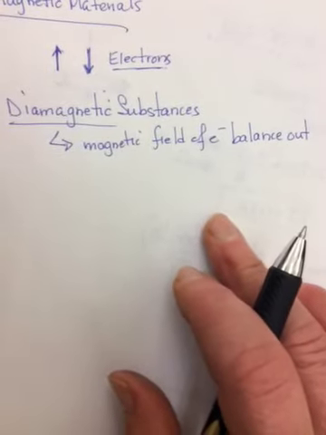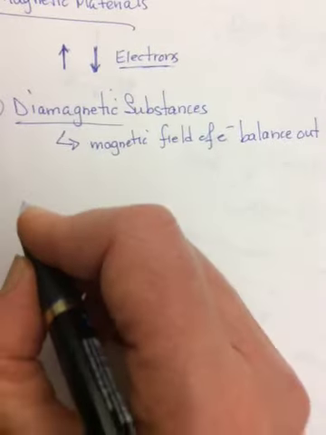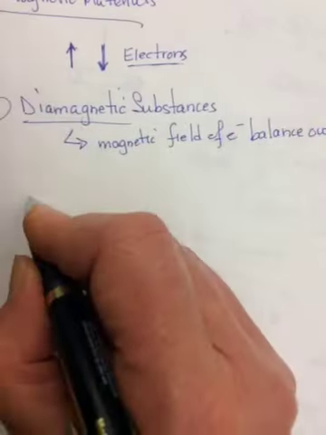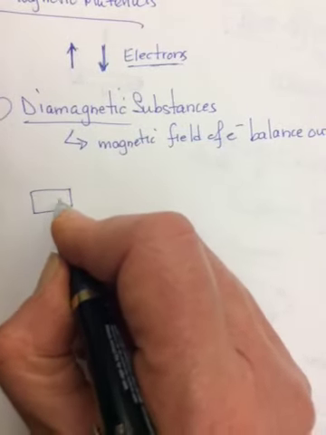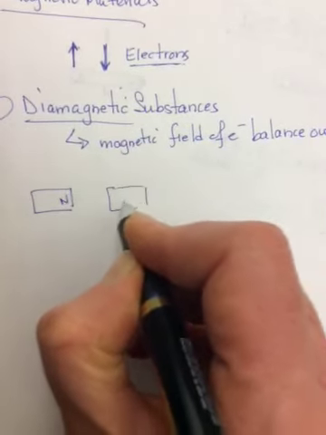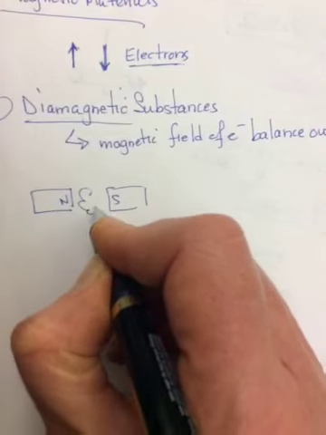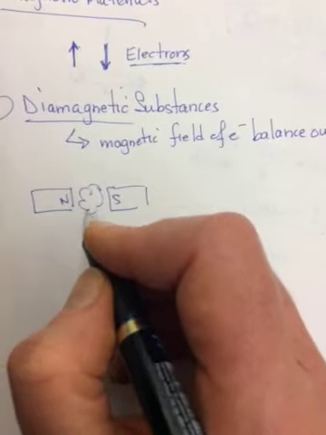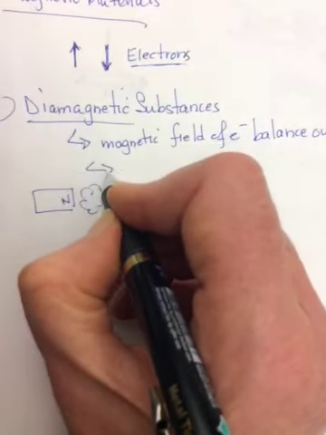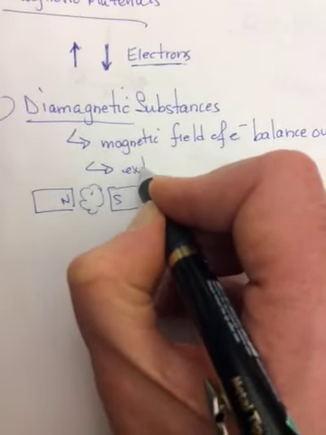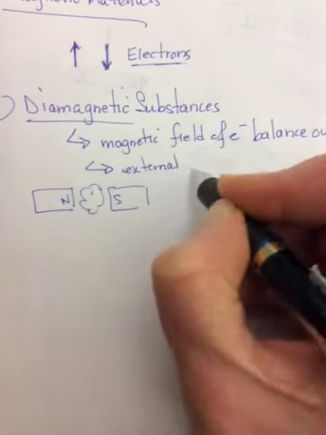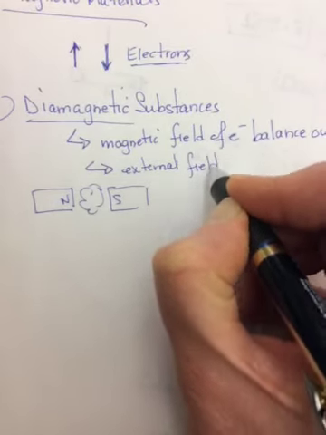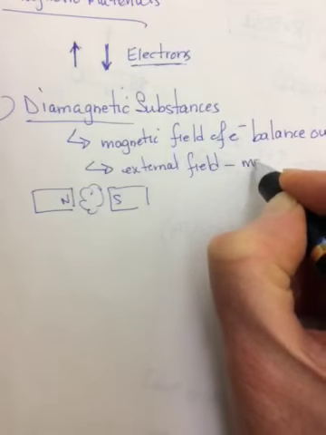If I took a diamagnetic substance and put it between 2 magnets, measuring the field before I put it in and after, the field will actually get weaker. So when placed in an external magnetic field, they make the field weaker.